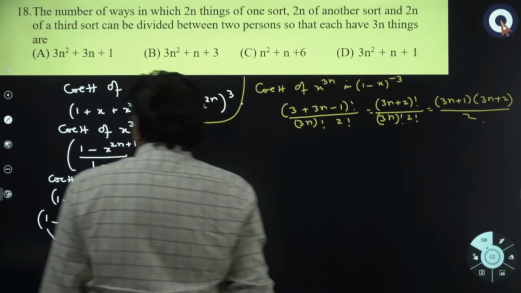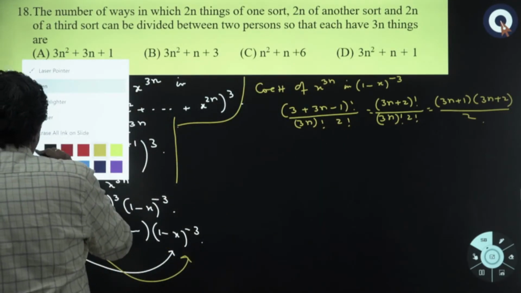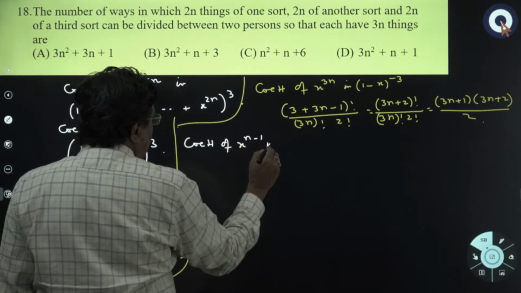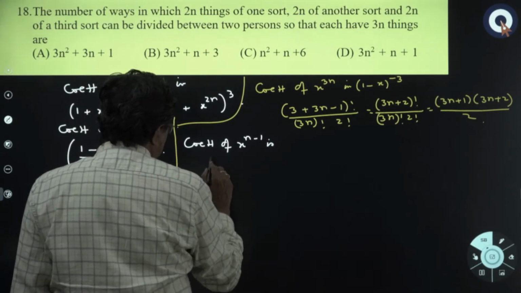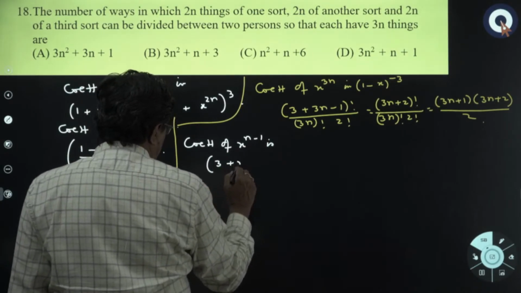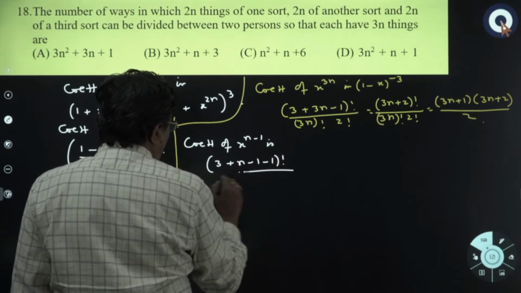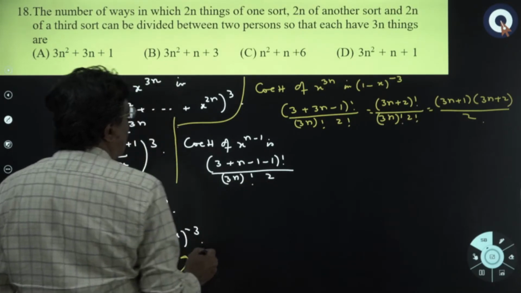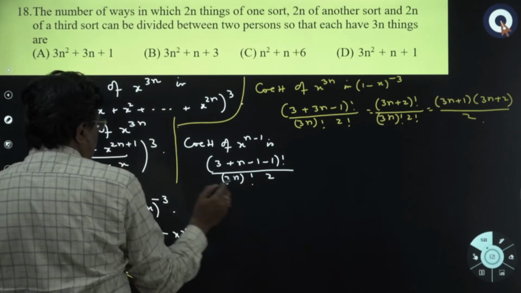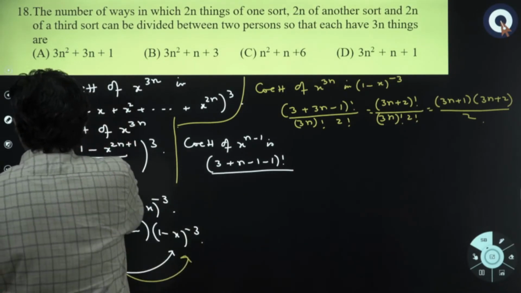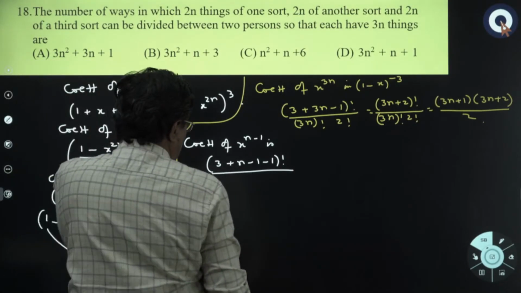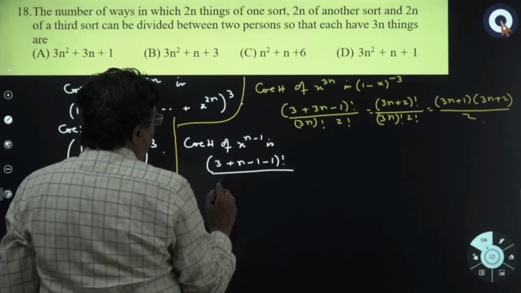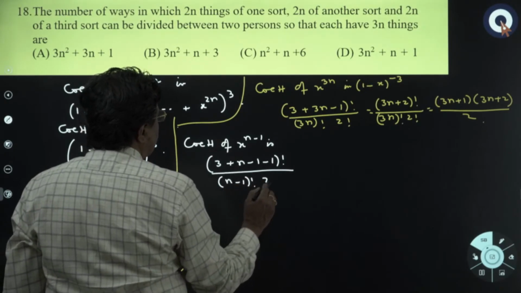Similarly, the coefficient of x to the power of n minus 1 is (n plus r minus 1) factorial by r factorial into (n minus 1) factorial.